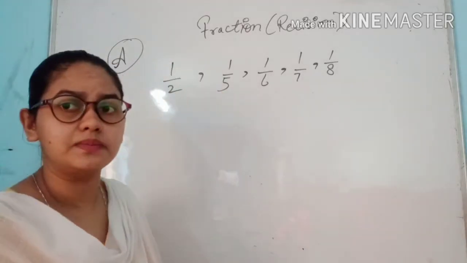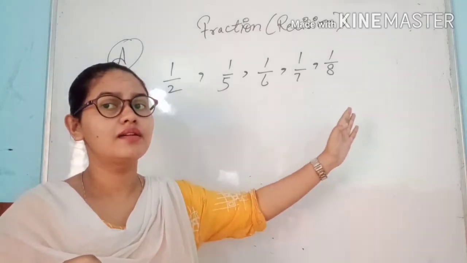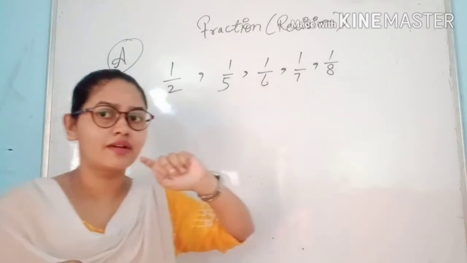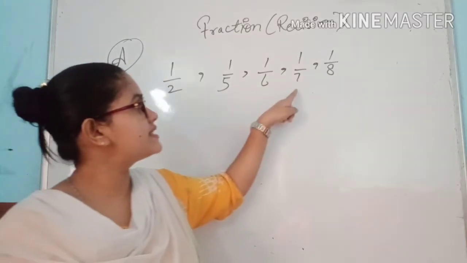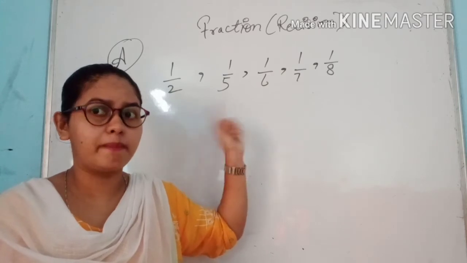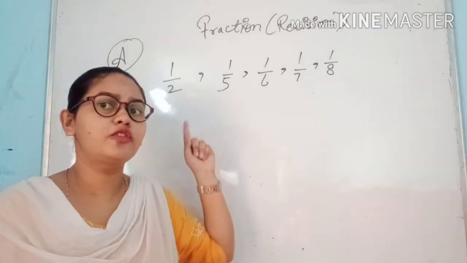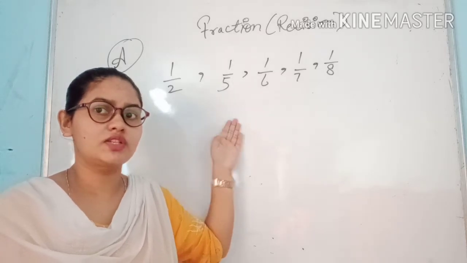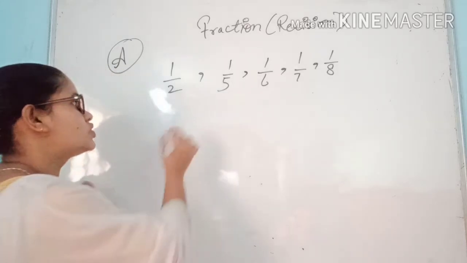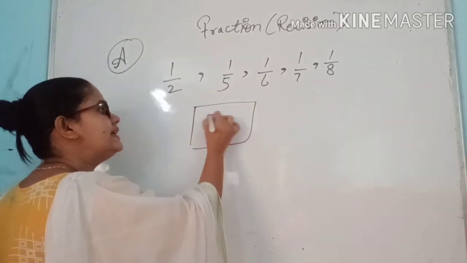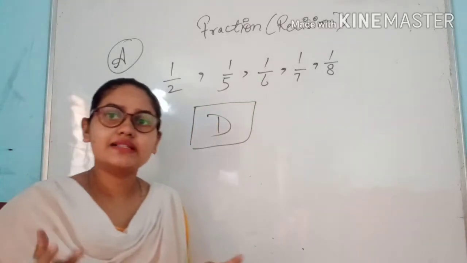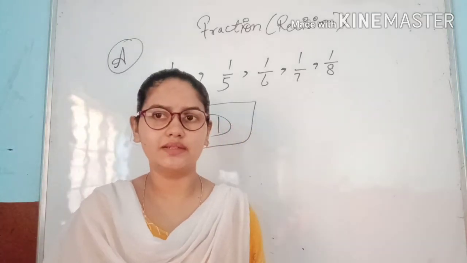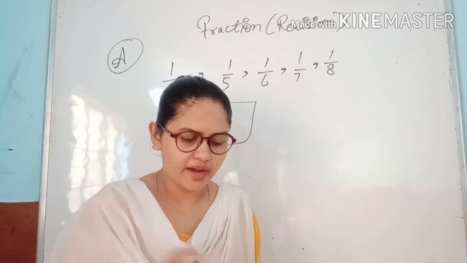As I said, remember, if the denominators are different and follow the order 2, 5, 6, 7, 8, which is ascending, then it is the opposite: in descending we have to follow the ascending. So this one is descending order, and we will fill in D here. So here are some sums which we have to do from our mental learning. This one we have done.